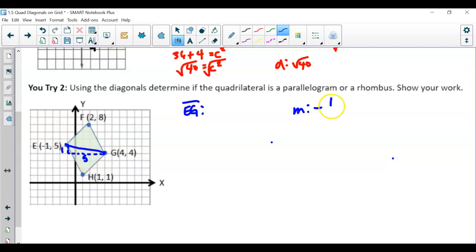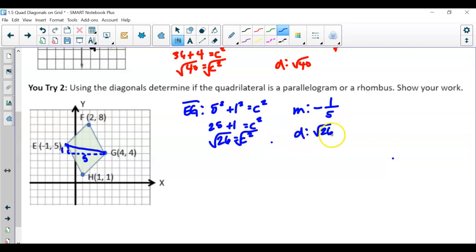So negative 1 over 5. Then here, using those side lengths to find the distance, 5 squared plus 1 squared is equal to c squared, or 25 plus 1, which gives you 26. Then, of course, take the square root. So the distance is radical 26.